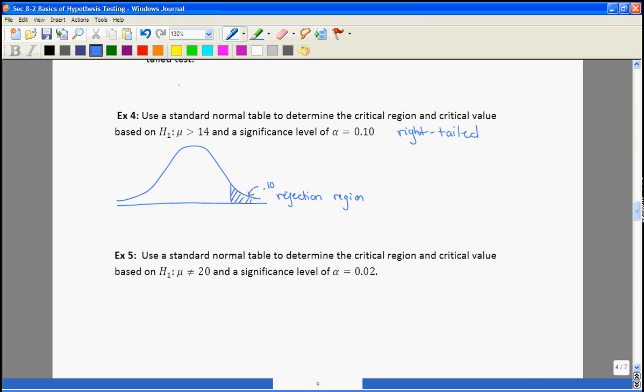Whereas over here, anything in this area, I do not reject. So what I'm trying to find is what is this number right here. Well, in your table, you're going to look until you find 0.1, or if you choose to use your calculator, you could use inverse normal.